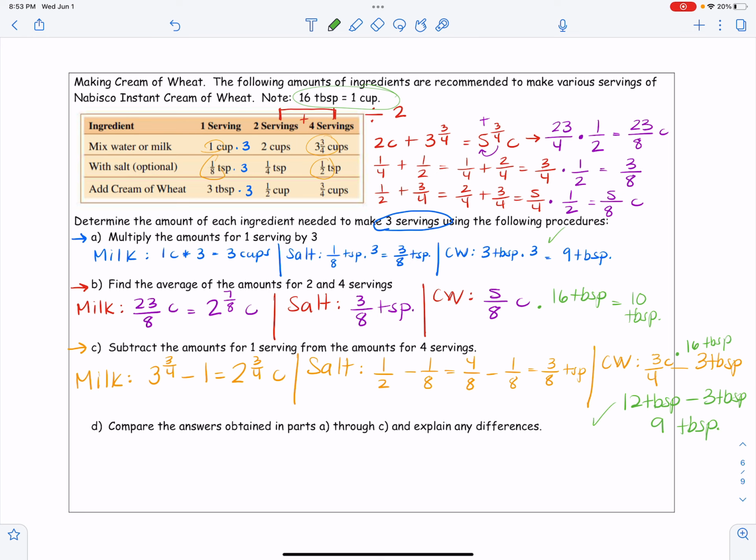So I want you to think about mathematically why the 3 different methods that we used there might have come out a little bit differently. The hint is you're going to look at the relationship between them here. Think mathematically about why you might be seeing a little bit of difference depending on how it's calculated when you look at 3 servings.